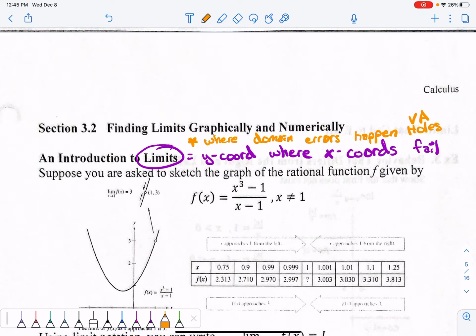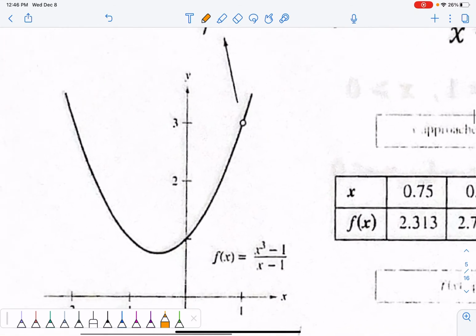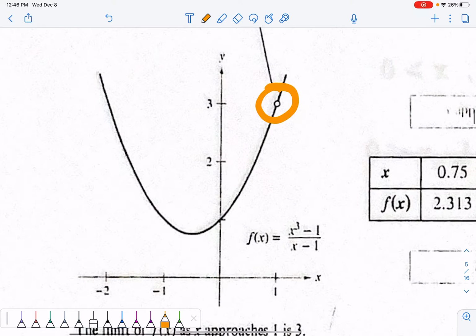So where domain errors occur, that's where we're interested in finding the limit, and the limit is the y-coordinate at that point. So basically, this is what it boils down to, is when we have domain errors, like in this diagram right here, we have a hole at this spot, right? Okay, so what we're interested in doing is finding the limit at this place, which is basically saying it doesn't have a y-coordinate there, but if it did, where would it be?